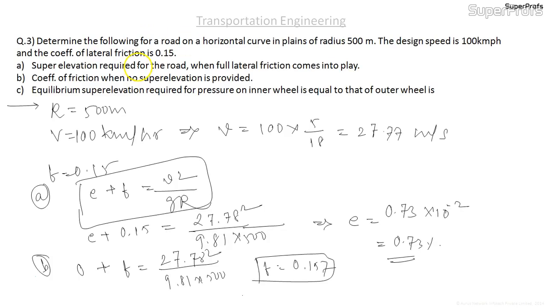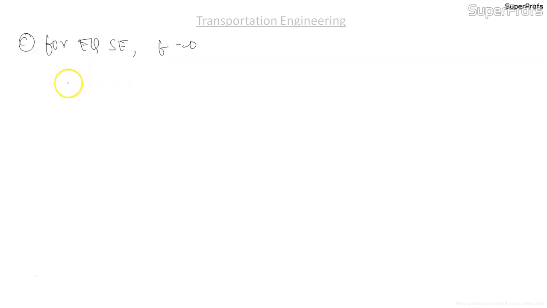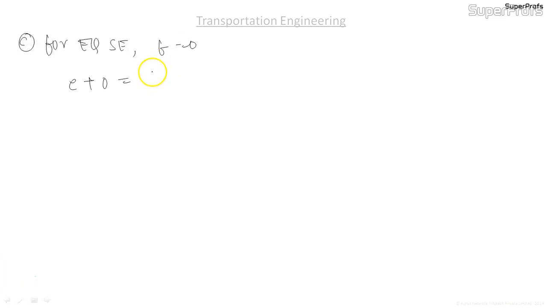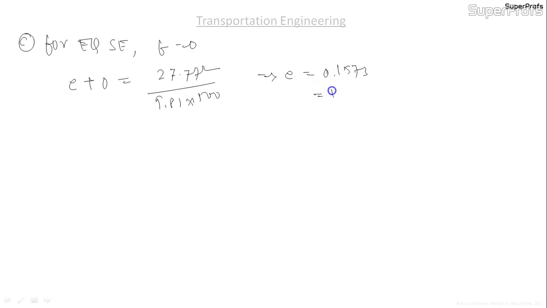So just put the values in: e plus 0 equals speed 27.77 square upon 9.81 into R, which is 500. That gives e equal to 0.1573, that is equal to 15.73%.